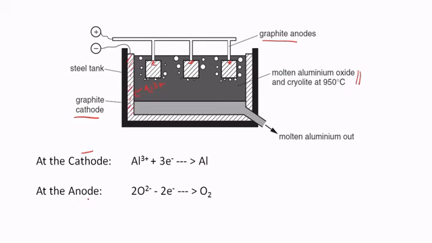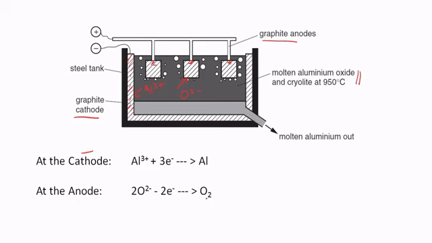At the anode now, we have, remember, we have O2-. These are going to move towards the anode, and the reaction taking place is 2 O2- minus 4 electrons produces oxygen gas. Now what is happening is that you notice we have bubbles being produced at the anode.